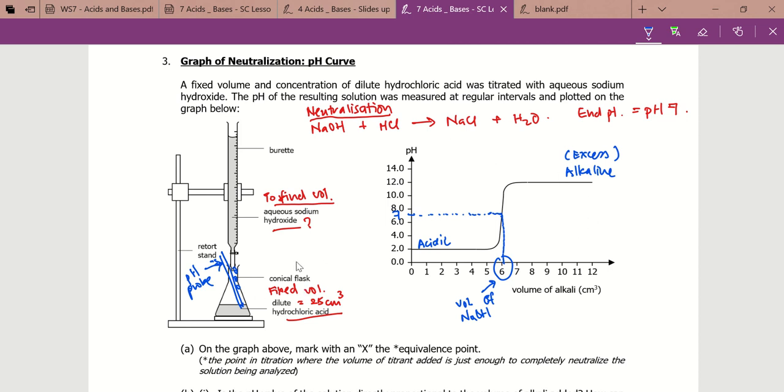This point over here, where it is pH 7, we call the equivalence point, or sometimes we call this the endpoint of neutralization. All right, so these are some of the terms that you need to know with respect to a pH curve for the context of a titration setup.